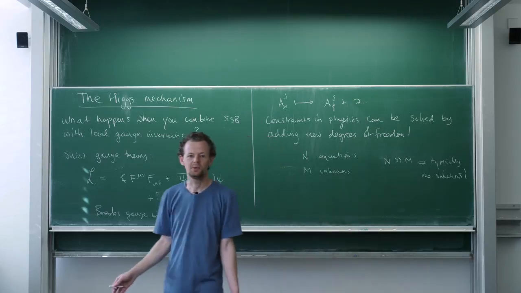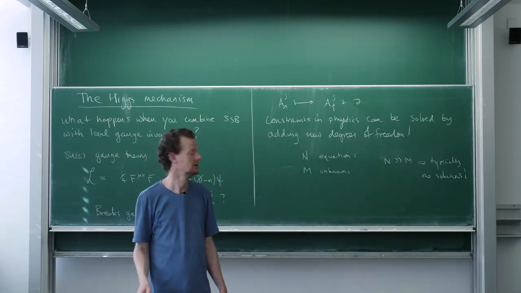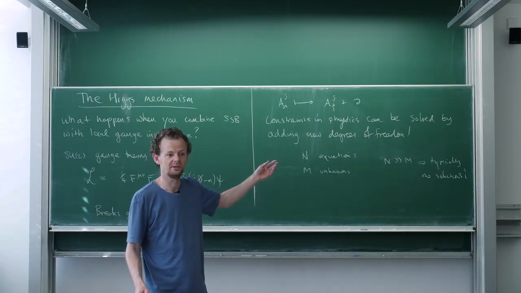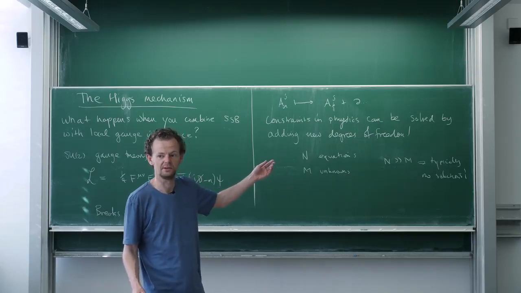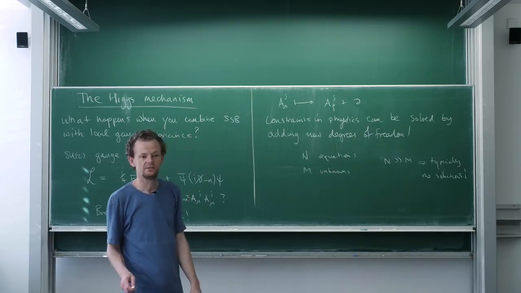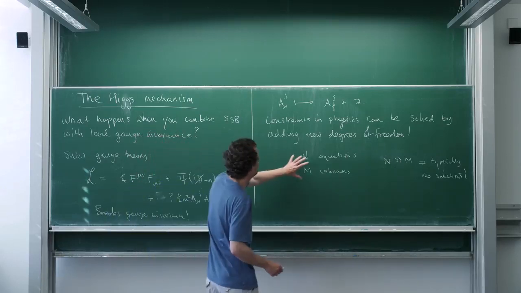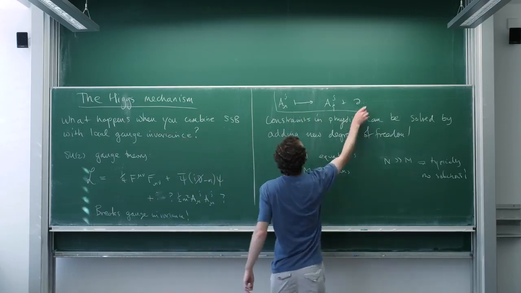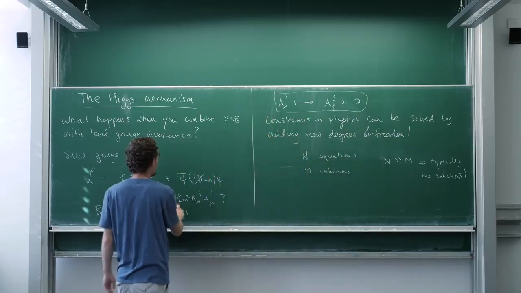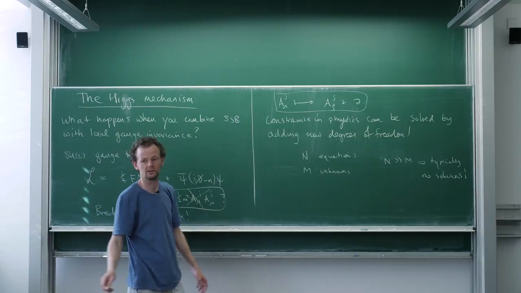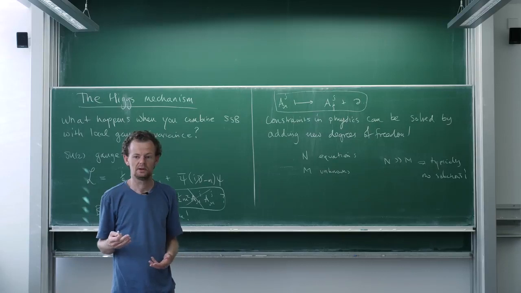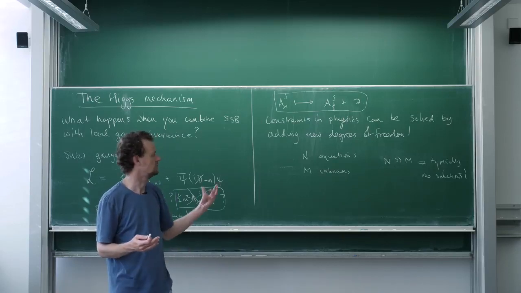A really naive way to get over that problem is to just add unknowns until you have enough that they equal the number of equations, and then you have a solution. It sounds very naive, but this is precisely what we're doing here with the Higgs mechanism. We have this demand, this constraint, and they're incompatible with each other. And we're going to try and resolve these incompatible demands by introducing new degrees of freedom.